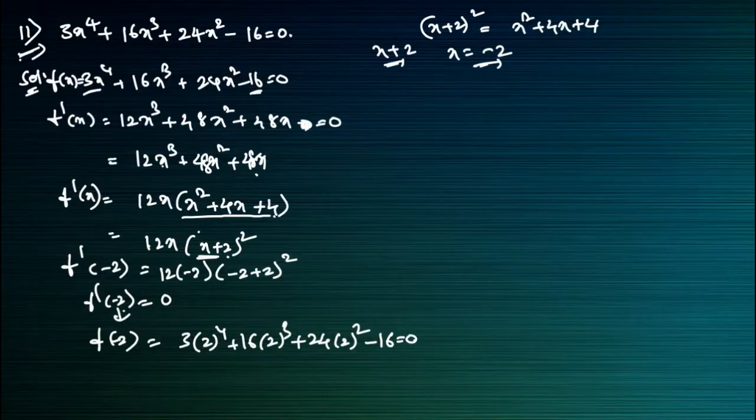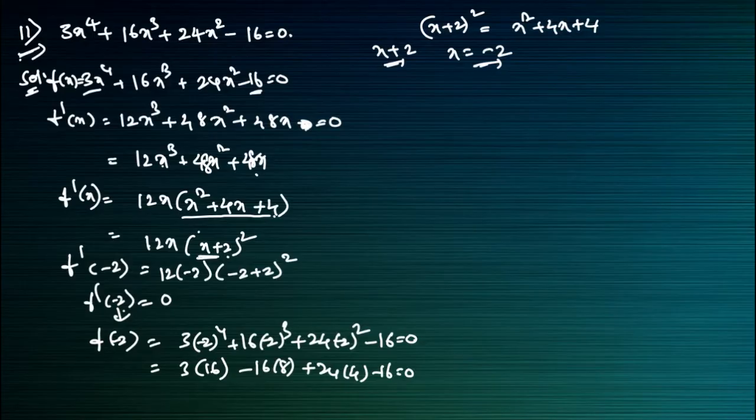Everything is with minus 2. So 2 power of 4 is equal to 16, and 2 power of 3 is equal to 8, and 2 square is 4, minus 16 is equal to 0.